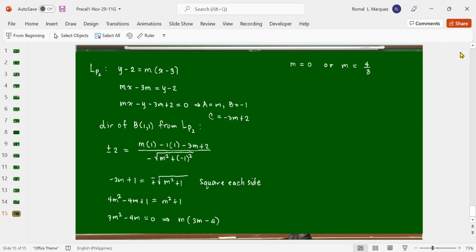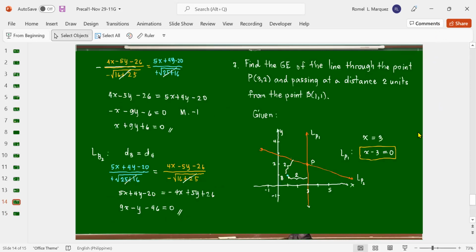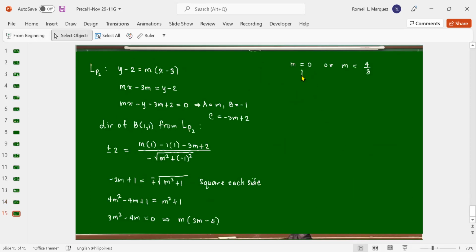So what does it mean? Is it possible for m to be 0? That will pass through (3, 2). So this gives an extraneous root. Because if you have a horizontal line passing through (3, 2), what is the distance from (1, 1)? It is just 1. So not possible. So this is rejected. And the possible one is just this one.